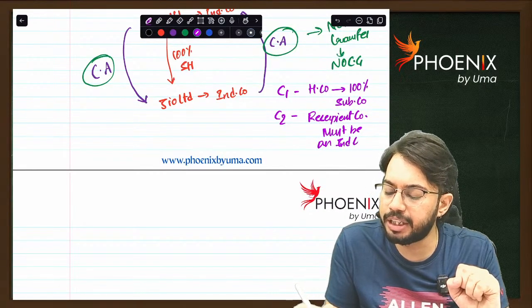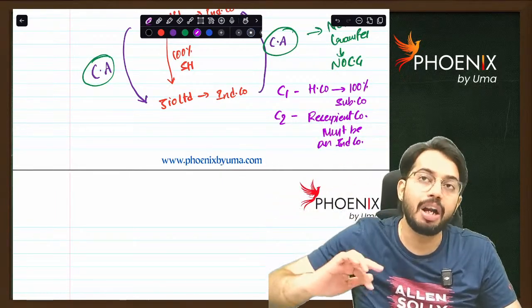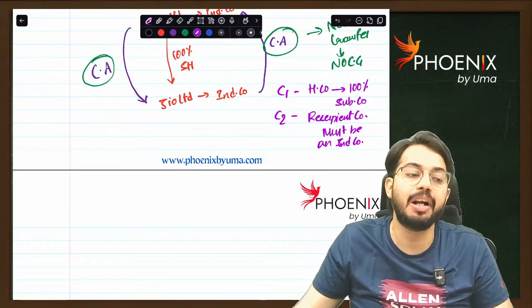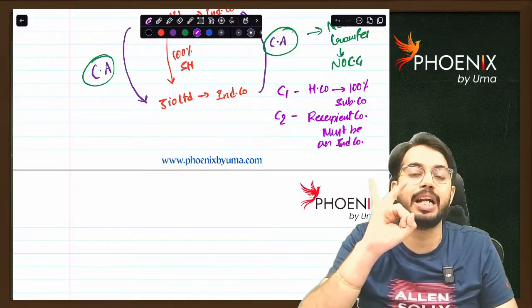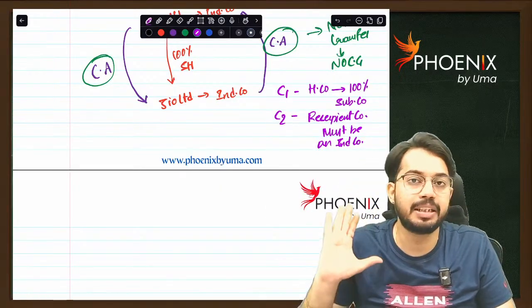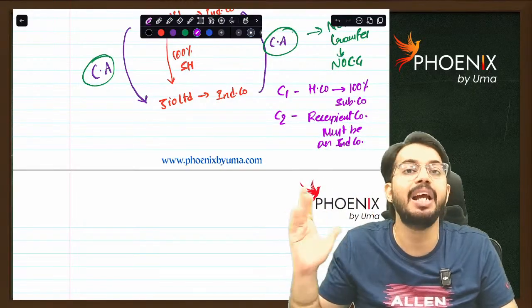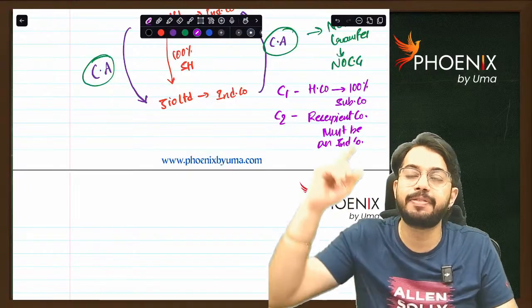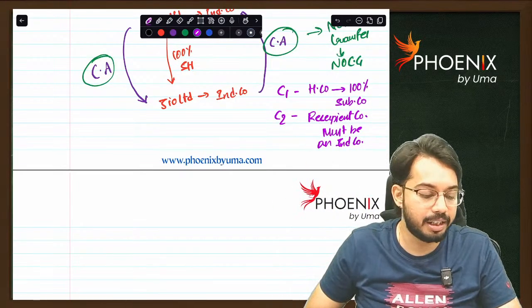If these two conditions are satisfied, transfer of capital assets from holding to subsidiary or subsidiary to holding is not treated as transfer and no capital gains are required to be calculated. Is it clear? Subject to satisfaction of two conditions: the holding company shall hold 100% stake in the subsidiary company, and the recipient company must be an Indian company.